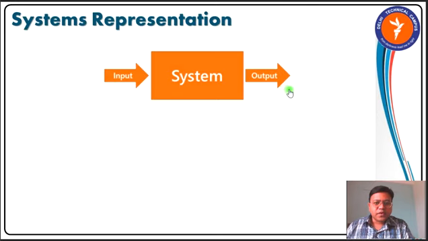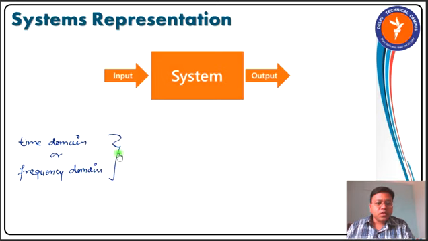The system can be represented in the time domain or frequency domain, depending on the way we are representing our signals. Say I am representing the input signal as x(t), that is, there is a variable x which is a variable of time.